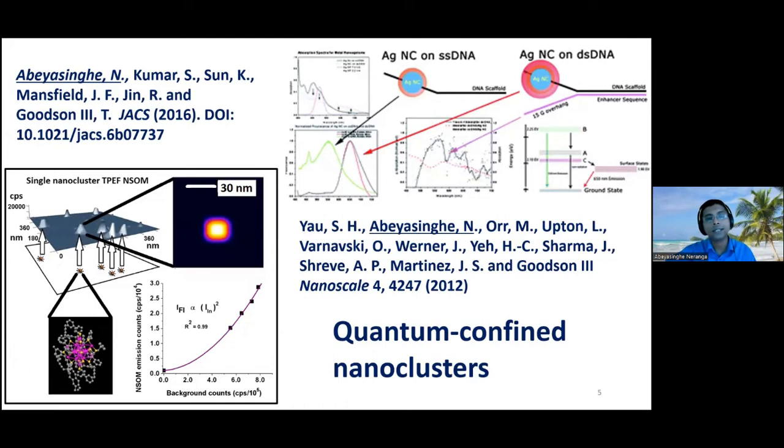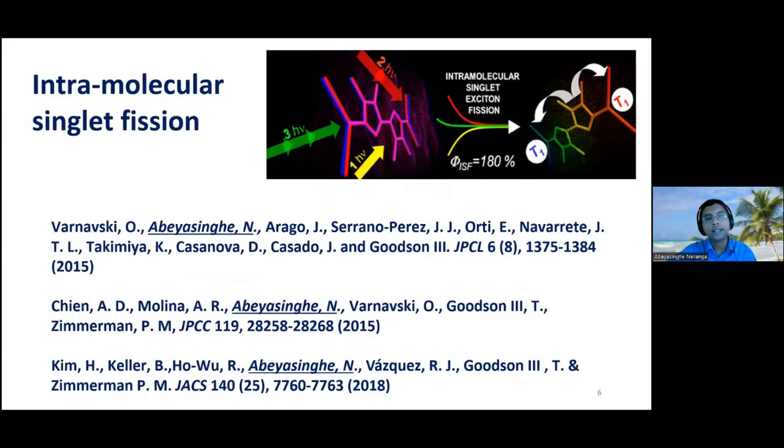And also I was involved in photovoltaic materials, specifically intramolecular singlet fission. To date, this is the smallest molecule that has been discovered to show intramolecular singlet fission. There are a lot of interesting stories related to those findings and research, and if you have time, we'll definitely be able to discuss.